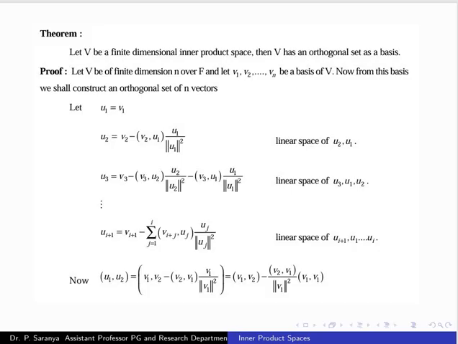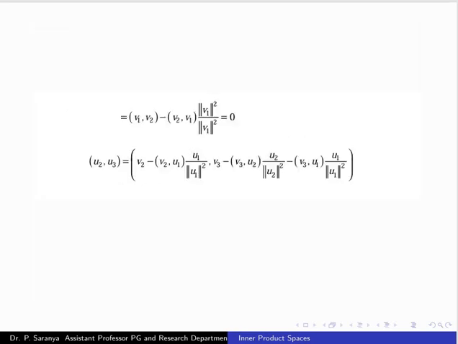Now, inner product of U1 comma U2 equal to inner product of V1 comma V2 minus inner product of V2 comma V1, V1 by norm V1 square, which is equal to inner product of V1 comma V2 minus inner product of V2 comma V1 times inner product of V1 comma V1 by norm V1 square, which is equal to 0.